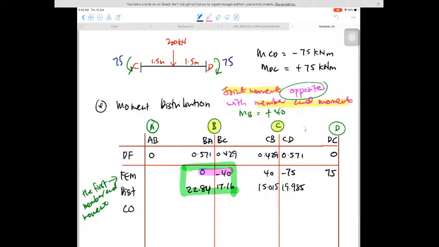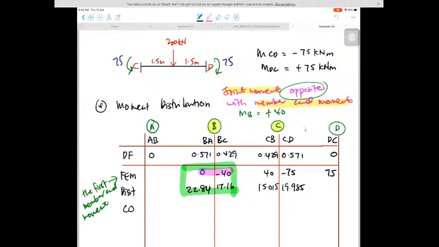Other than that, the total distribution factor for a joint must equal 1, except for fixed ends. That is why for BA and BC, when we add 0.571 and 0.429, we get 1.